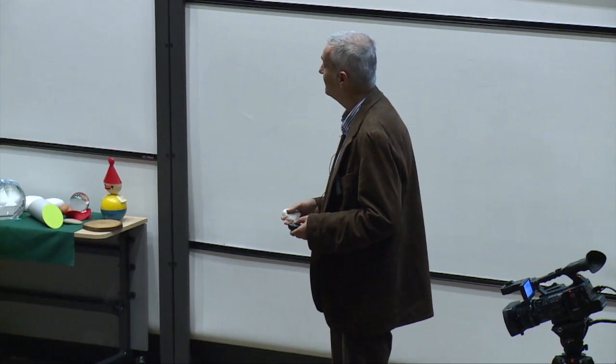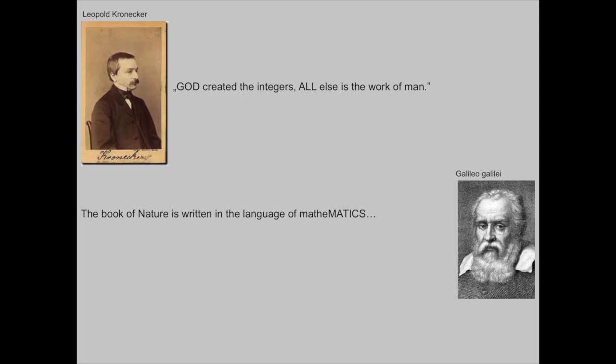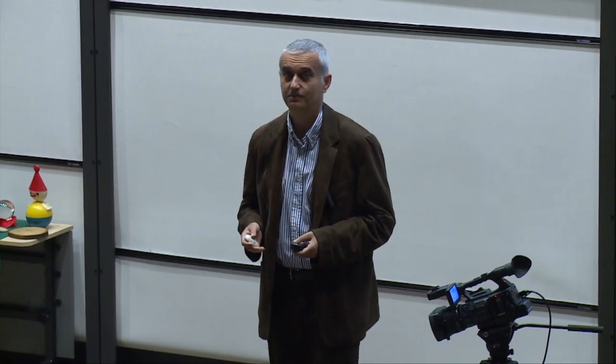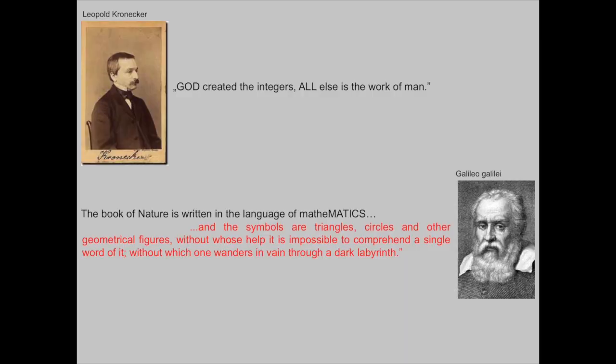There is another famous citation from Galileo, which is well known, that the book of nature is written in the language of mathematics. However, the second part of that citation is probably less known. It says that the symbols in the book are triangles, circles, and other geometrical figures. So Galileo says that we need to understand shapes in order to talk about natural phenomena.